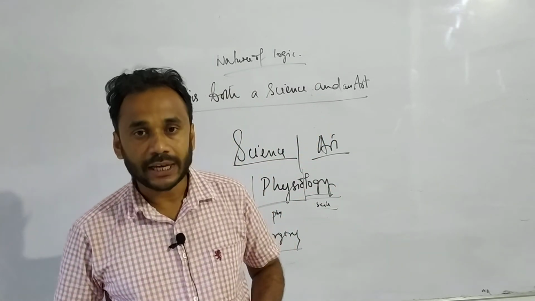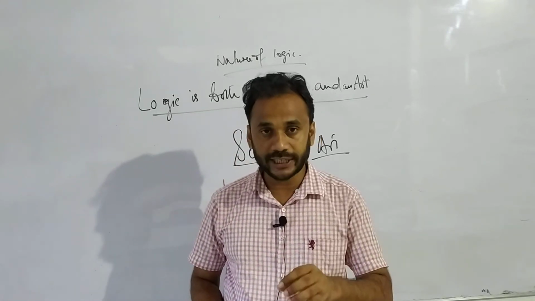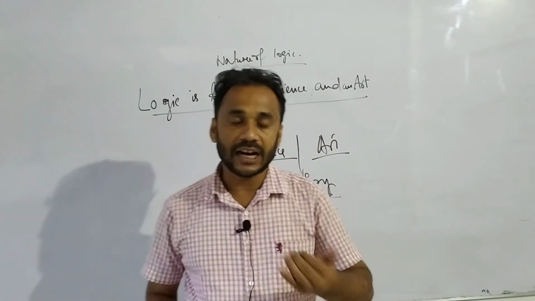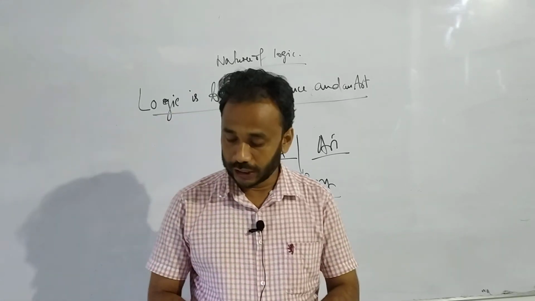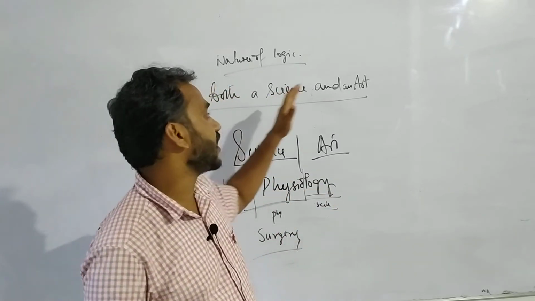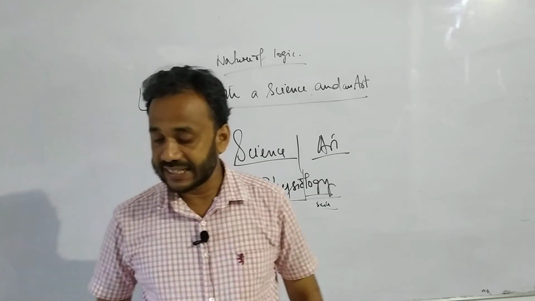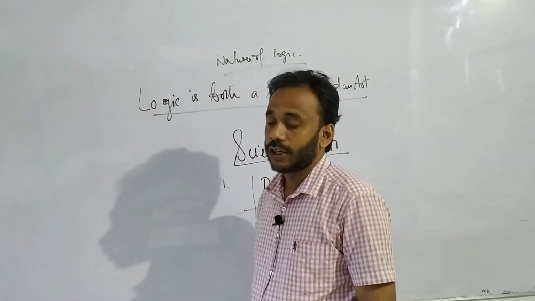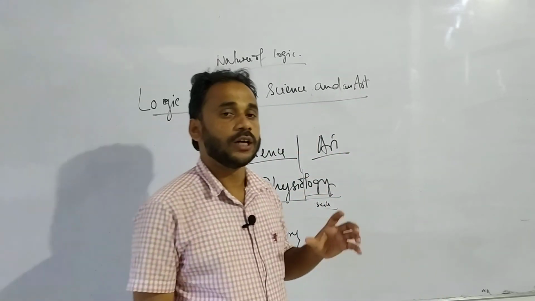Again, an art must be based on scientific knowledge, as we have already studied. So there is a close relation between a science and an art. Every science depends upon logic, so an art also indirectly depends upon logic.